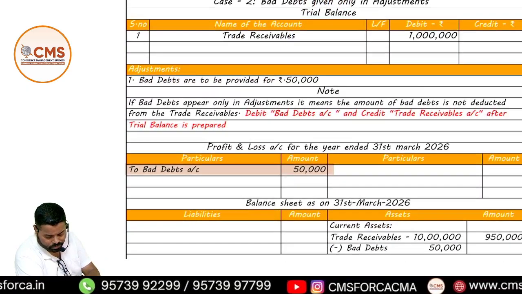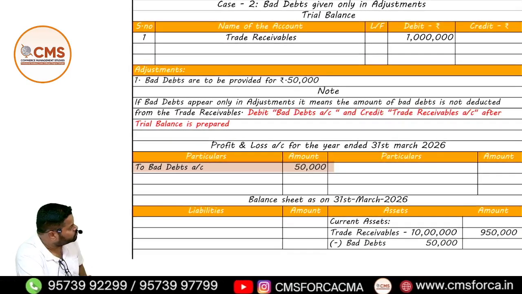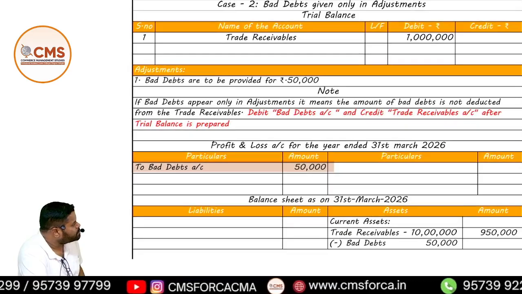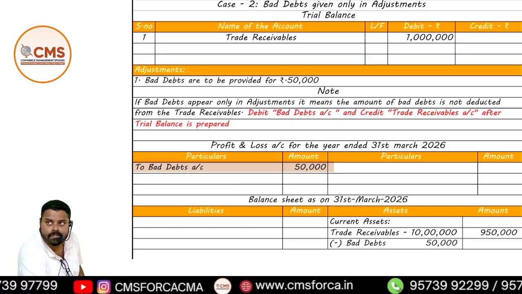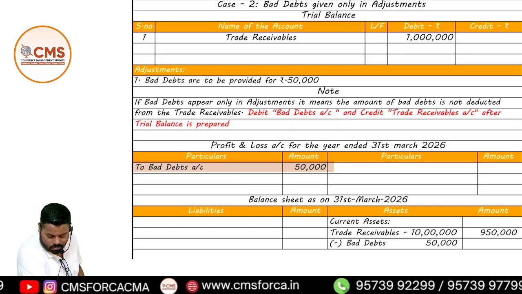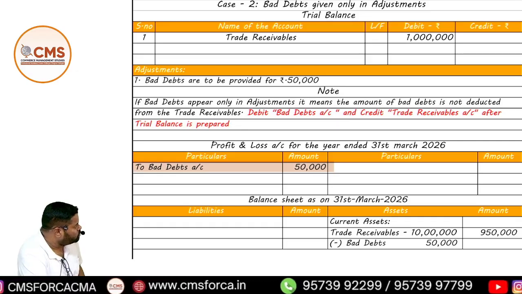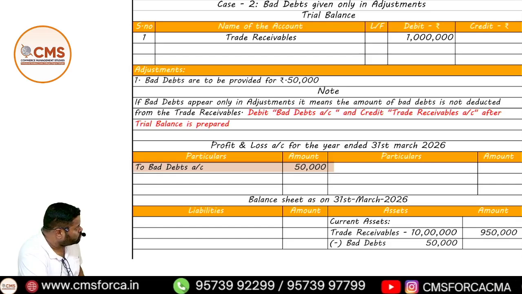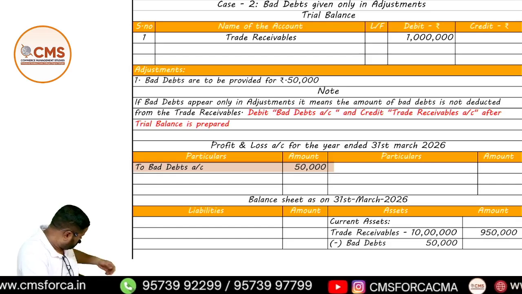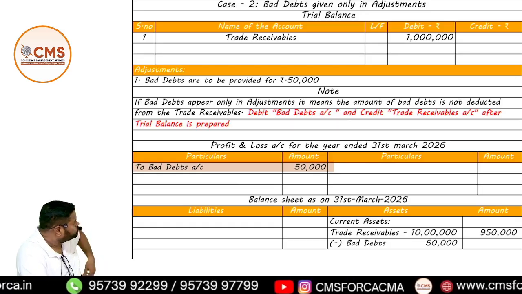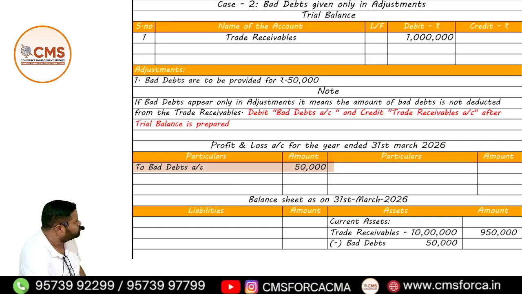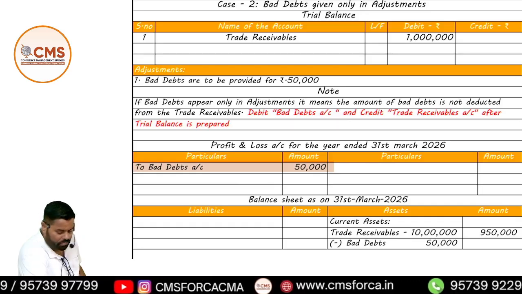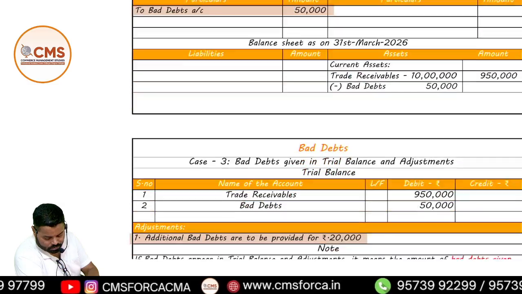Go to the second one. This is important.